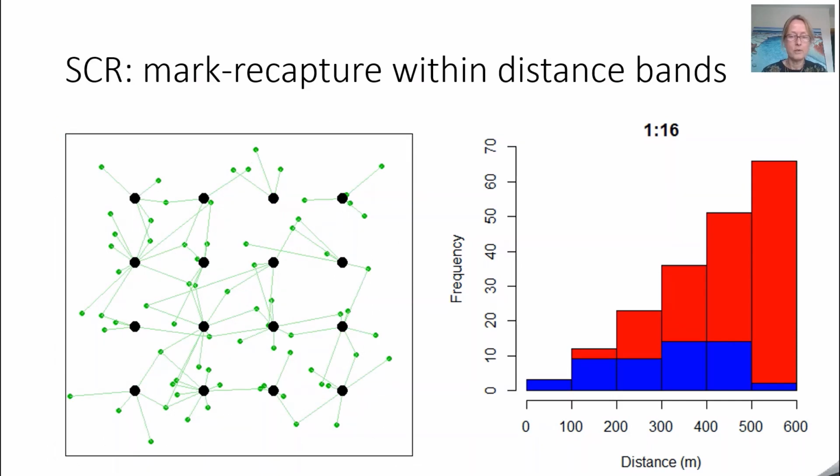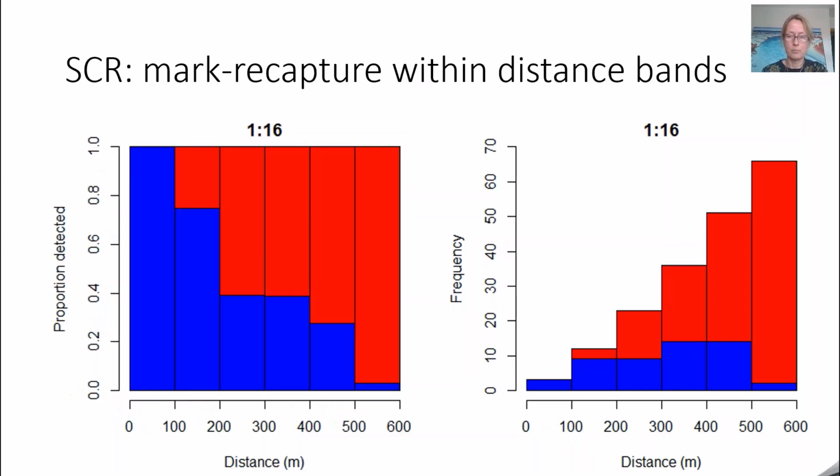So now we can go ahead and plot the proportion of successes within each distance bin in blue versus the red failures in a proportion plot, shown here on the left. So in the first distance bin, for example, we only had successes, hence the proportion of successes was 1 in the first distance bin.